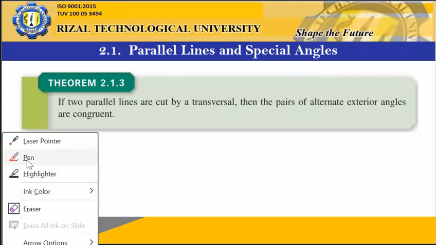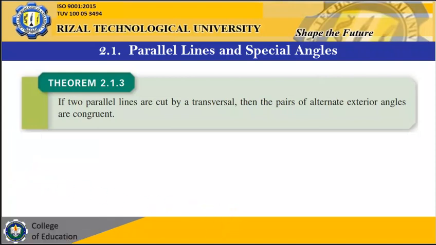Now, I will no longer prove this one because the proof is the same as the proof that we had in the previous theorem, which is if two parallel lines are cut by a transversal, then the pairs of alternate interior angles are congruent. So I'll just put it here in the previous figure.